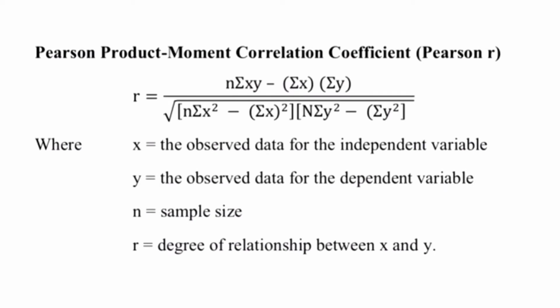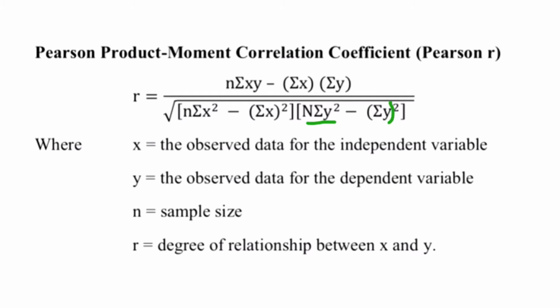So the Pearson product moment correlation coefficient, Pearson R, ito na po yung ating formula, which is R equals N times summation of X times Y minus summation of X times summation of Y, all over square root of N times summation of X squared minus summation of X, squared, times N times summation of Y squared minus summation of Y, squared.